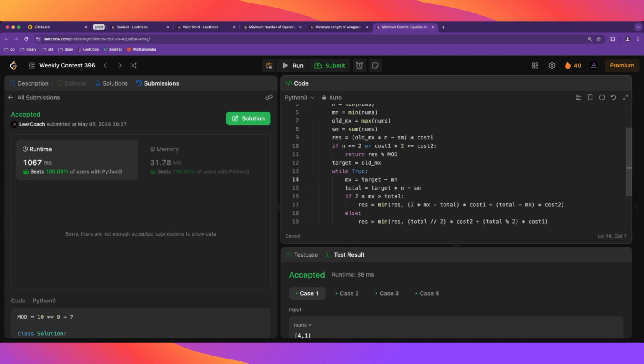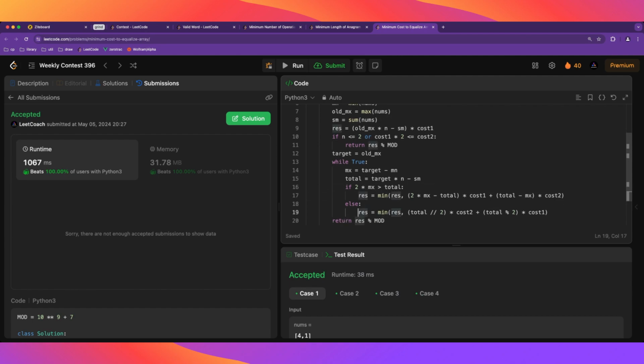Let's get rid of this. And then we have the max and the total. And if this is not true, we break.